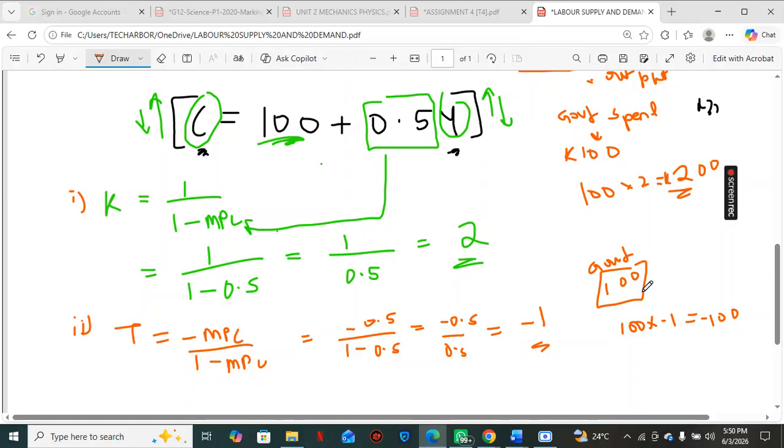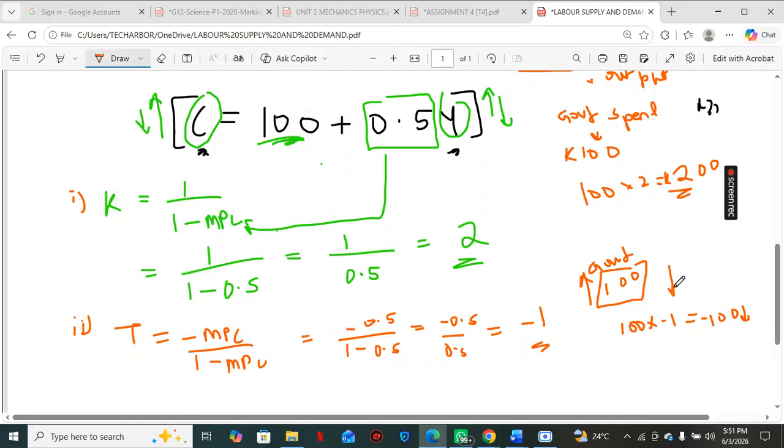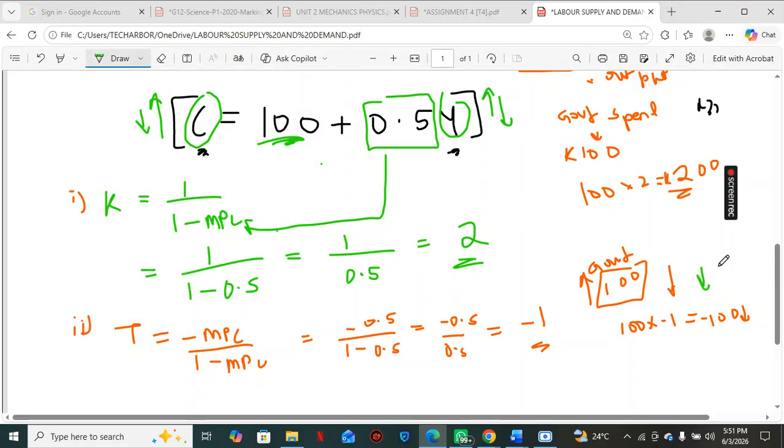Also, if government drops taxes by 100 kwacha, so we say negative 100, then negative 100 kwacha times negative 1 gives positive 100. So spending is going to increase by 100 kwacha.